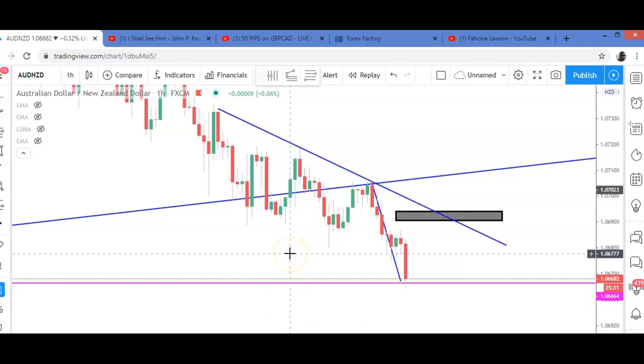So that just goes to show how strong support and resistance is and how beneficial it is, particularly to start marking support and resistance at higher time frames and working your way down.